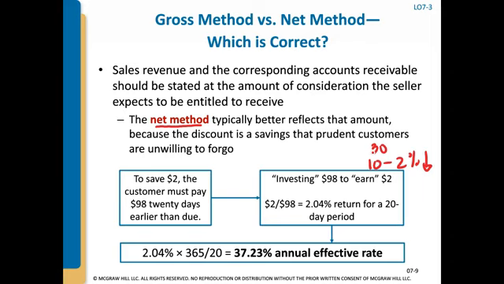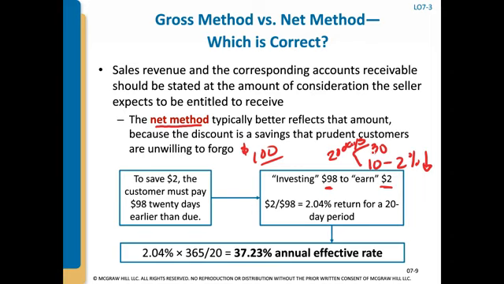So say you have $100, right? And you pay it within the 10 days, so you're paying $98. So really you're investing $98 to earn $2, which doesn't seem like a big deal. However, because this return is only for paying 20 days early, you're getting this 2% return for 20 days.